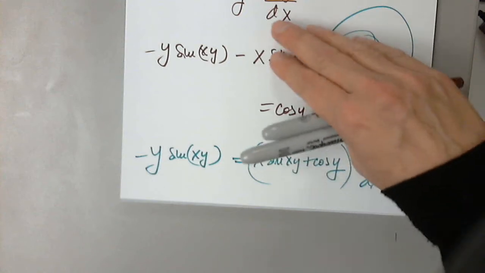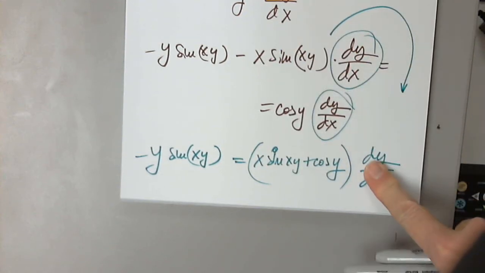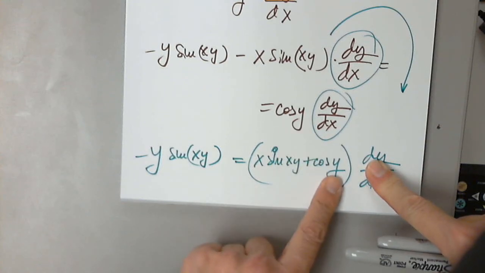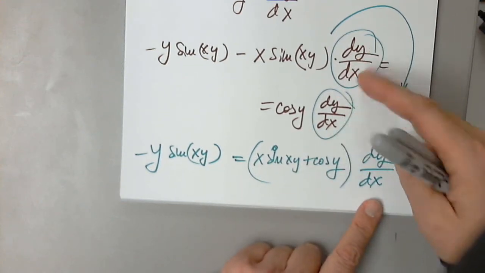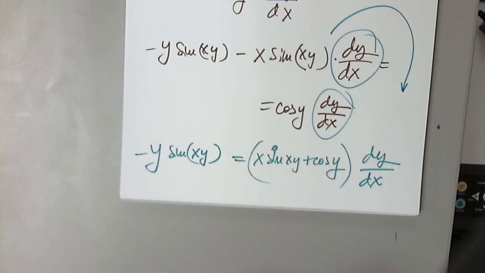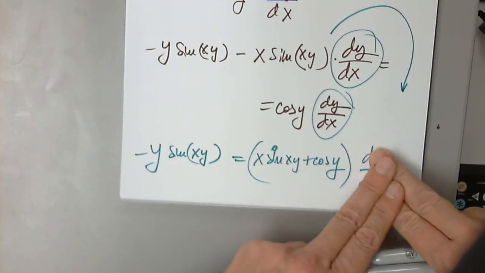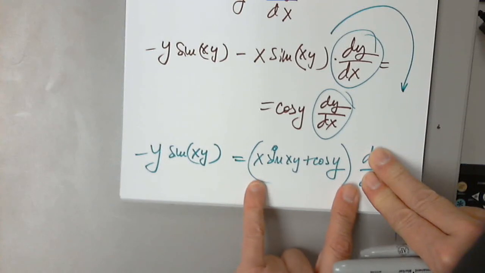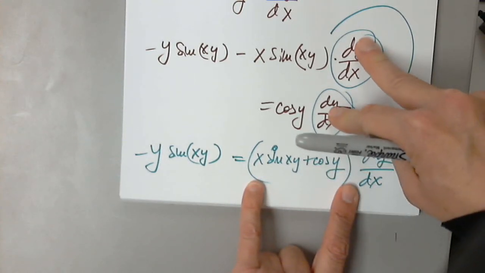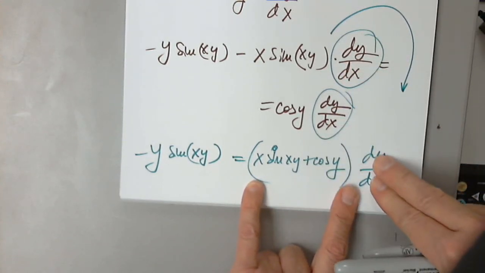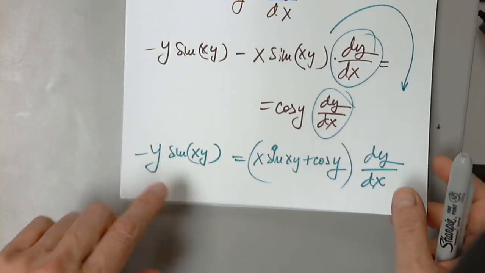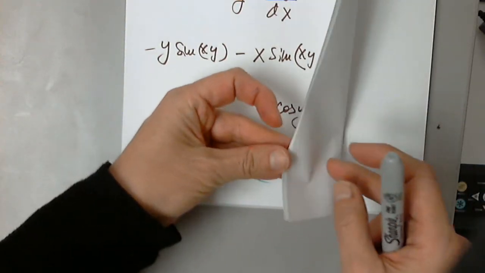I moved this term to the other side, and I also factored out dy over dx. This is here, so you can factor it out. I have to, because there are two terms that are not like terms. I can't combine them. I'm trying to solve for this, but I can't combine them. They're not like terms. So these two have the same variable, so I pull out the variable that I'm interested in. Is that okay? Okay, so finally we divide this by this.